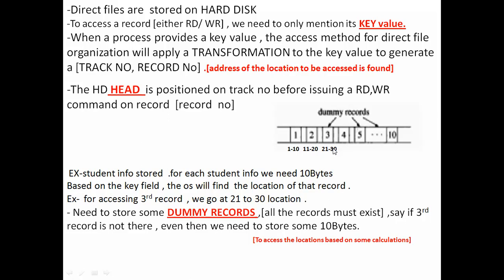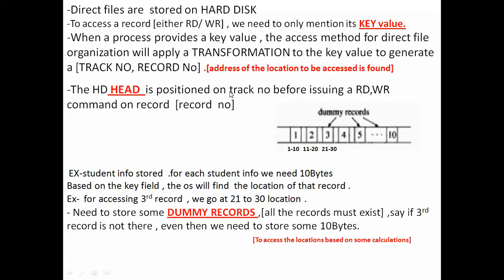Along with this, the second main piece of information is that we need to use some dummy records as well. All the records must exist. The main use of dummy records is, even though say field number 4 is empty, I still need to have some value for record number 4. Why?